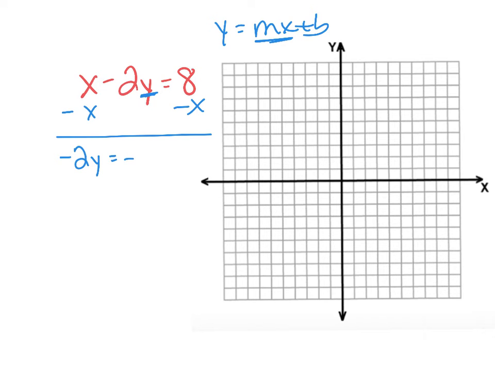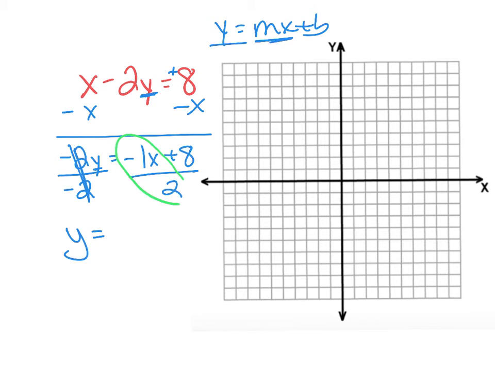So I'm going to have negative 1x plus 8, because that's a positive 8. Now, I still want to get y by itself, so I'm going to divide by a negative 2 on both sides. So now, these cancel out, leaves me with y equals, which is what we're starting with. Now, I'm going to divide here and here. So I have a negative 1 divided by 2. So I'm just going to leave that as a fraction because that's my slope. And 8 divided by 2 gives me a positive 4.